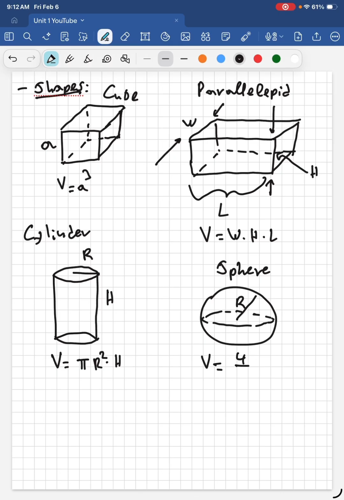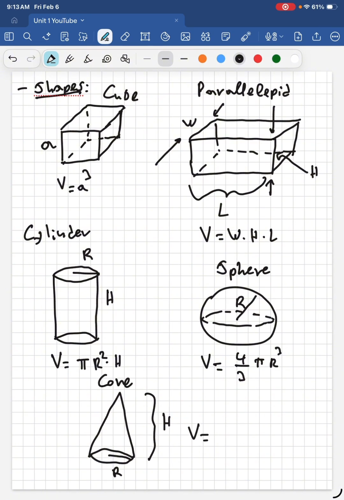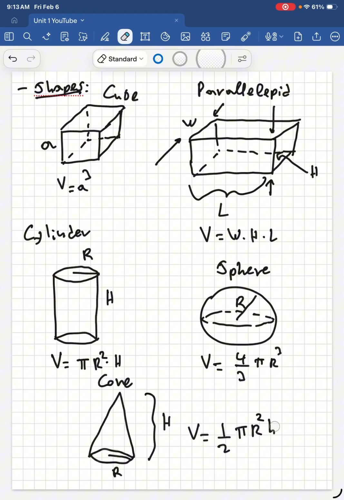The volume of a sphere is 4/3 pi r cubed. And then the last is the cone, the last I'm going to discuss, because there are many other shapes, obviously. So the cone has a radius r, height h. Let's write cone over here. The volume of the cone is 1/2 pi r squared times height H.